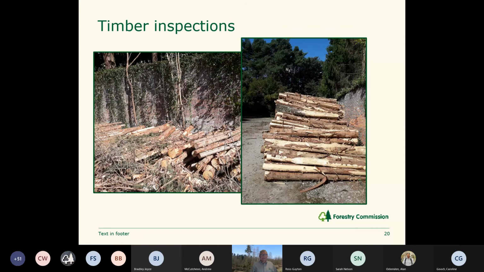So this was, in fact, an overstood Christmas tree plantation that's been felled and removed. It was a relatively small area, but was in very good condition for Ips infestation, because as an overstood plantation, it was under-thinned. The trees were all stressed for a variety of reasons. I don't think it had been thinned since the day it was planted.